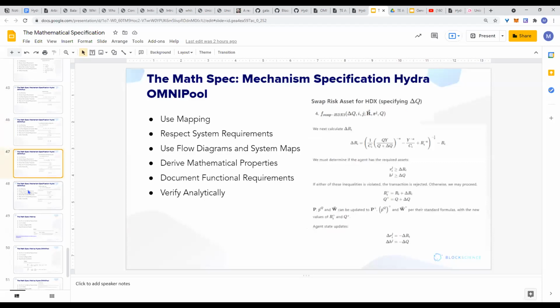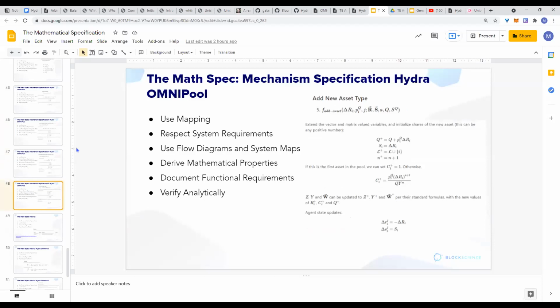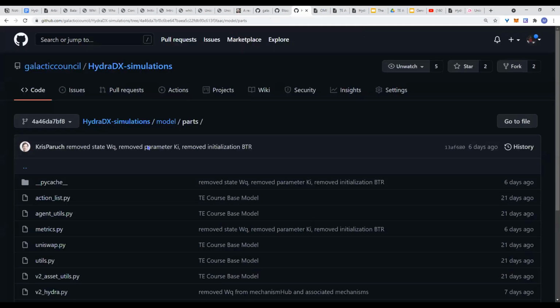If anyone has anything that they want to see, we have the math written here for the add new asset type, but I don't believe we have the earlier version of how you would add a new asset.